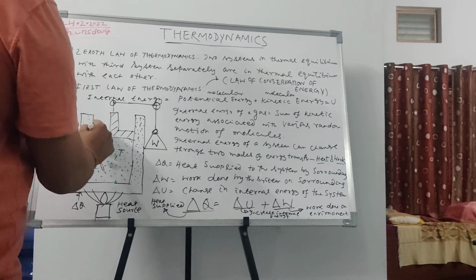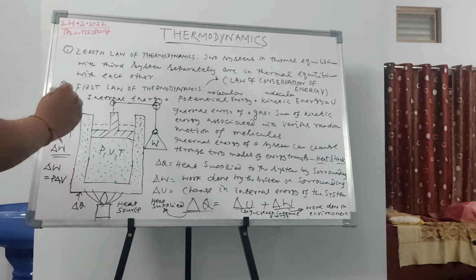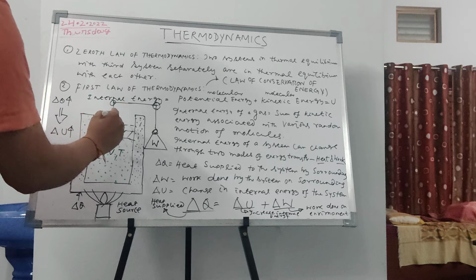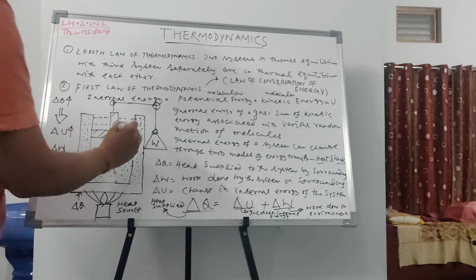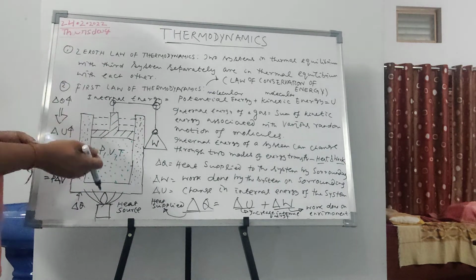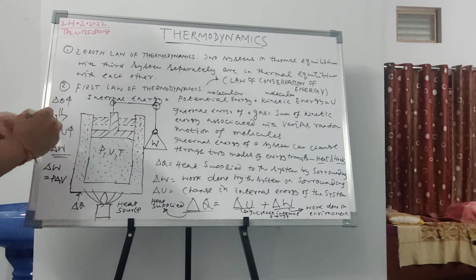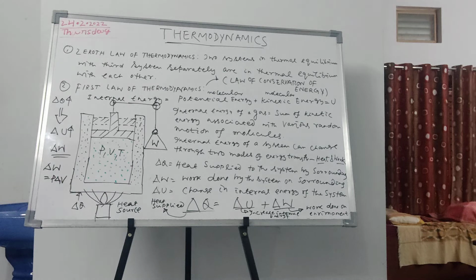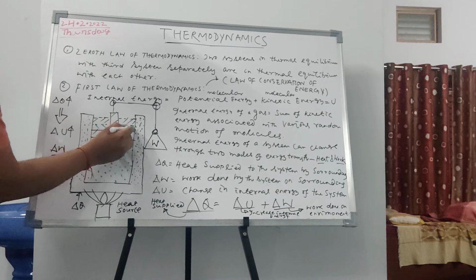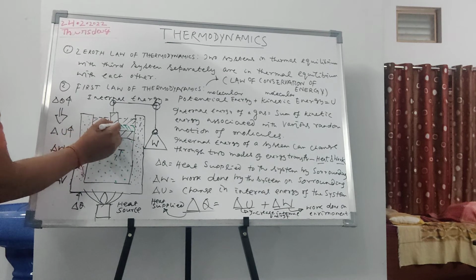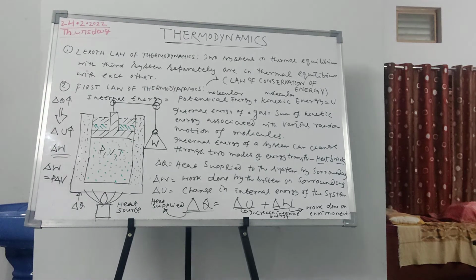Suppose this piston moves from this position to this position. It is moving because you are heating and the gas is trying to expand, so the system moves from this to this. When it moves, you have some incremental increase in volume, and that incremental increase in volume is nothing but your delta V.